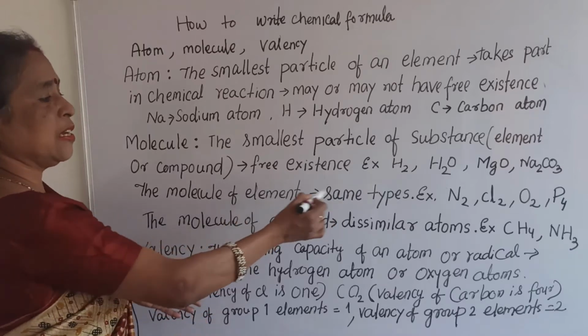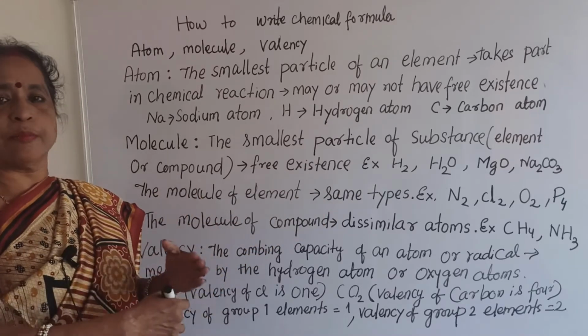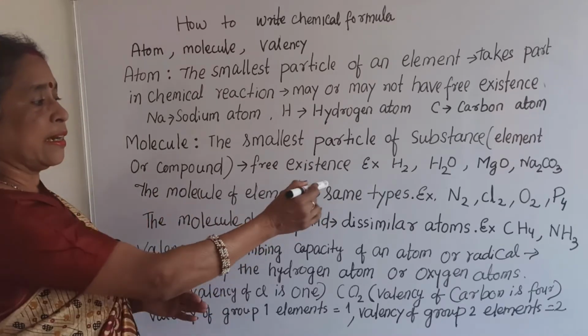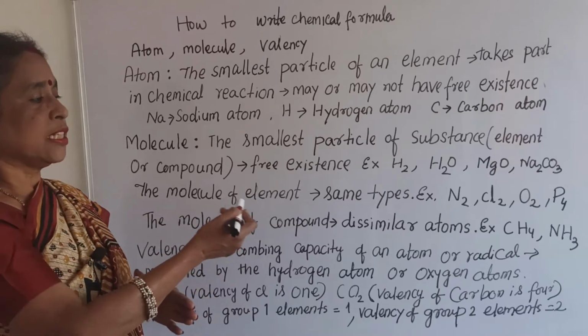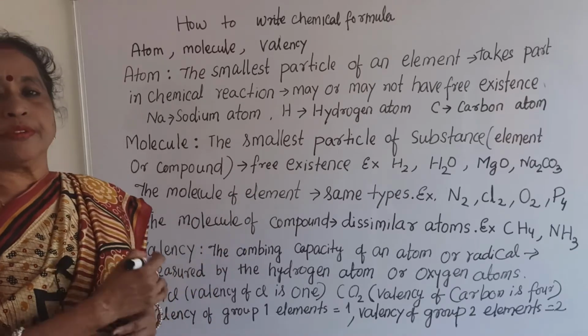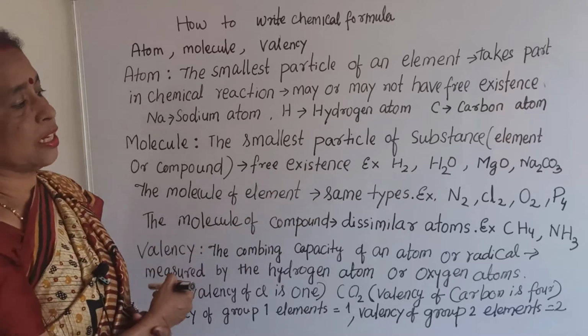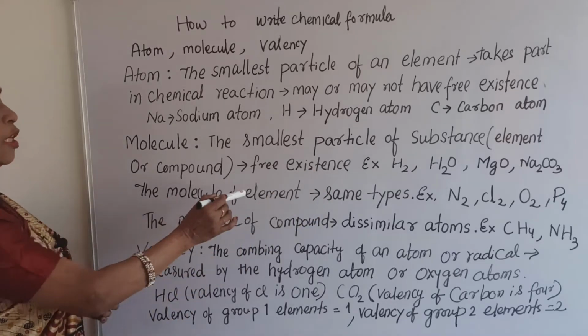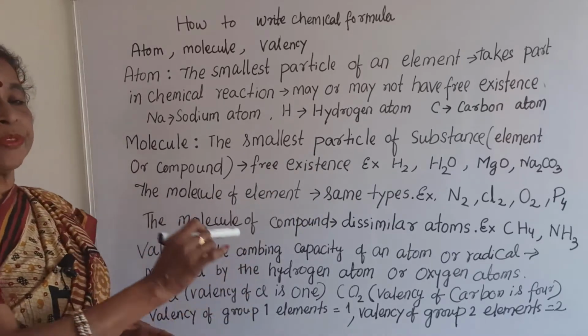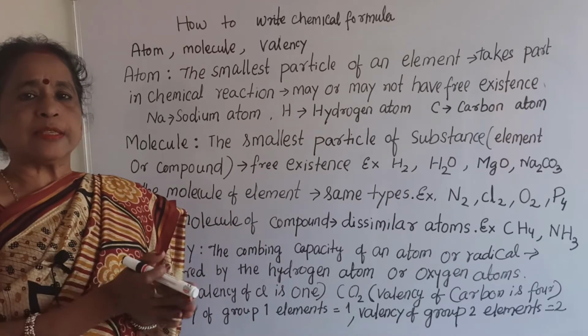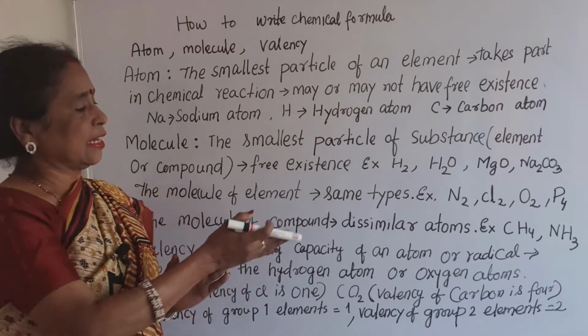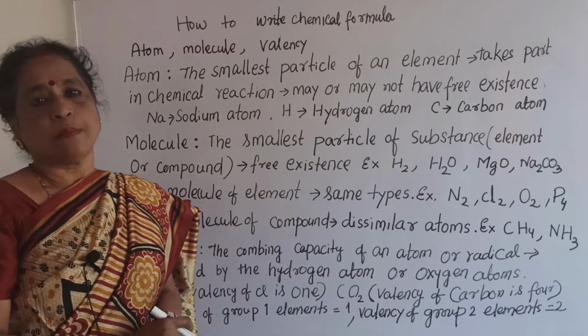And here you can see there are diatomic and tetraatomic molecules. Diatomic here are N2, Cl2, O2, whereas for tetraatomic, one example I told is P4, and this is called a molecule of an element. Similarly, we will see molecular compounds where dissimilar atoms join and give the molecule of the compound.